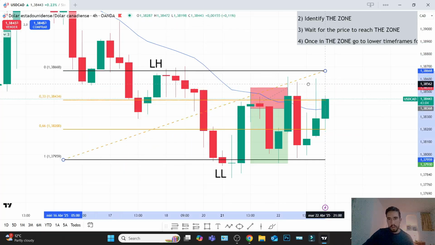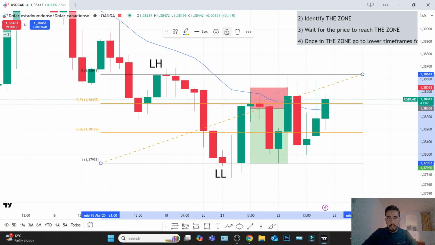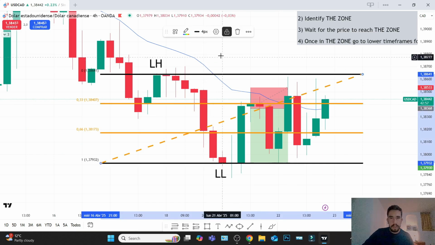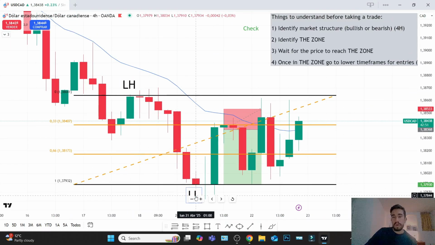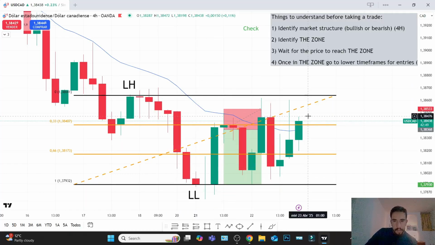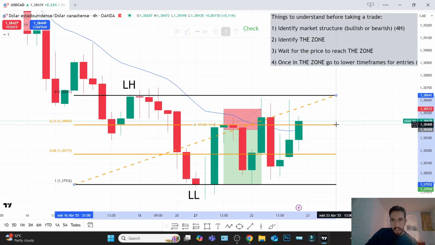So normally, let me just lock this. Normally, the way you can identify this, I have the lower high and the lower low, and I look for this point here.